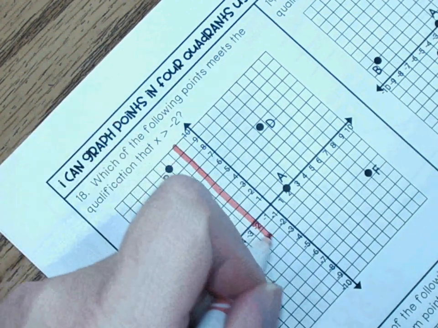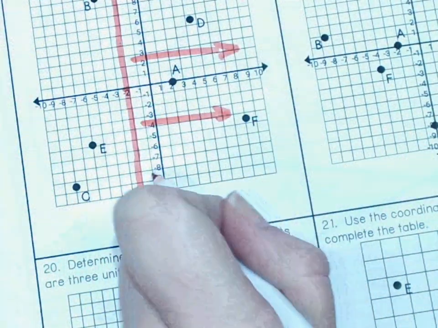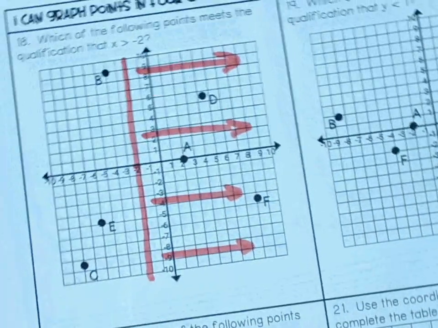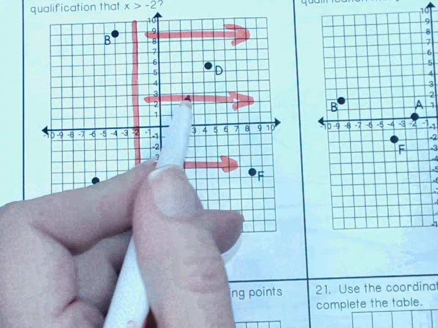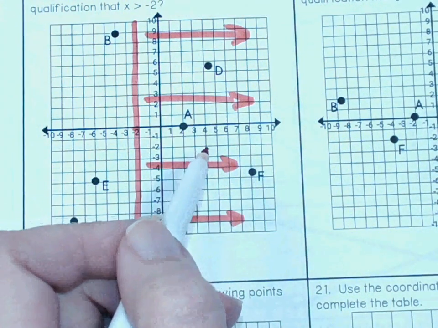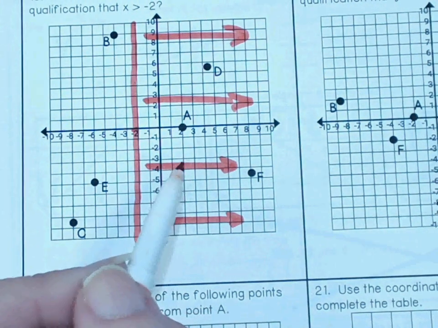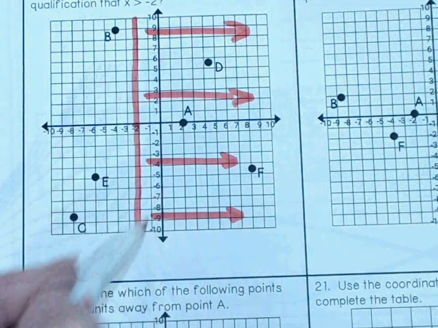All of these that are this way are going to have an x that is larger than negative 2. So think of a point over here. Your x value is going to be larger than negative 2. Think of any point over here. Your x value is larger than negative 2.